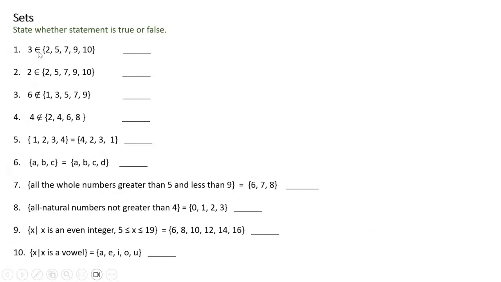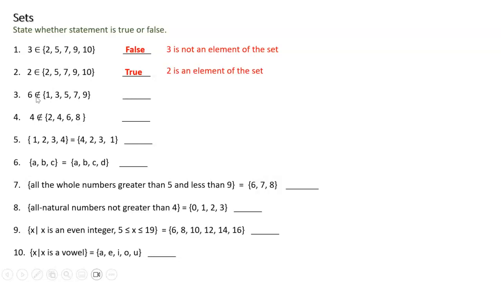Is that true or false? This is false because 3 does not belong in the set here. 3 is not an element of the set. Look at number 2: 2 is an element of the set 2, 5, 7, 9, and 10. This is true because 2 is an element of the set.